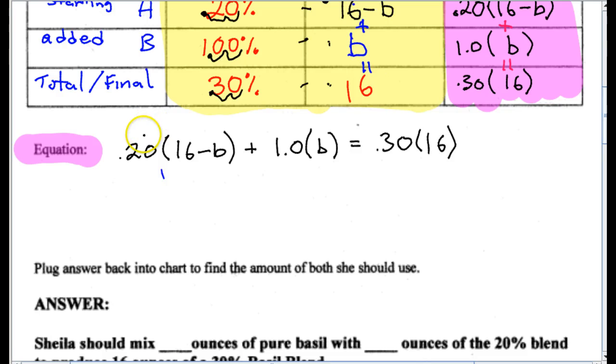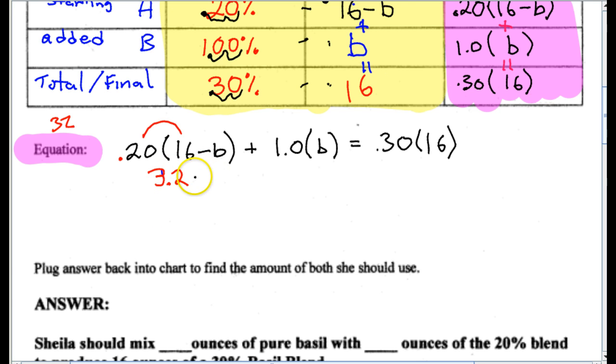Here's what I mean. You might not, off the top of your mind, be able to do what a calculator does, like in your head, do 0.2 times 16. I urge you to think about, well, what's 2 times 16? 32. So what's 0.2 times 16? 3.2, right?